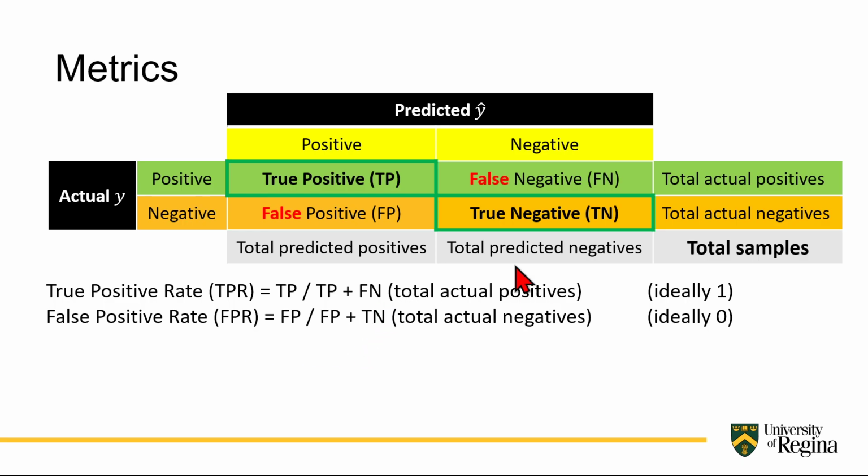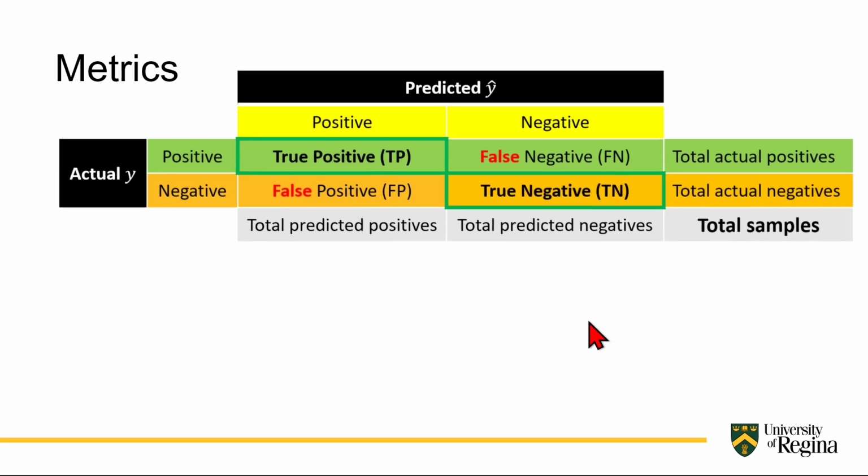The true positive rate is the true positives over the total actual positives, which should ideally be 1. The false positive rate is the false positives over the total actual negatives. This should ideally be 0, so we shouldn't make any mistakes. These two metrics are used further, and we'll talk about that shortly.